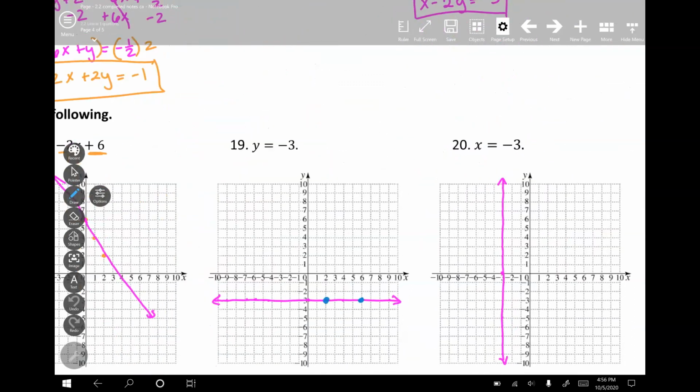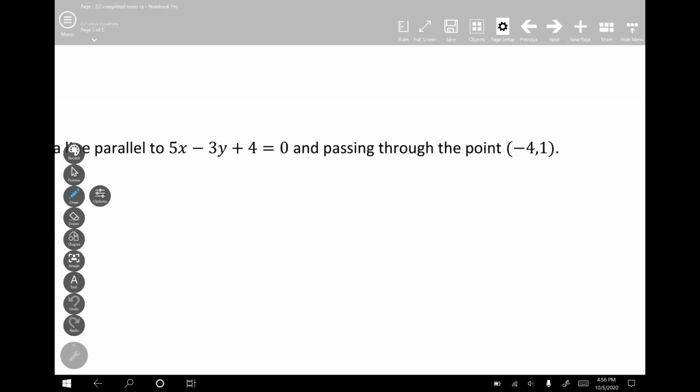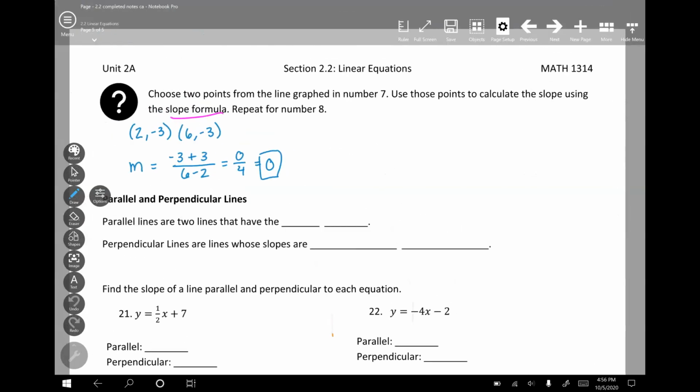Let's do the same thing for number 20. Okay, so pick any 2 points on this line. I'm going to do (-3, 0) and (-3, 5).